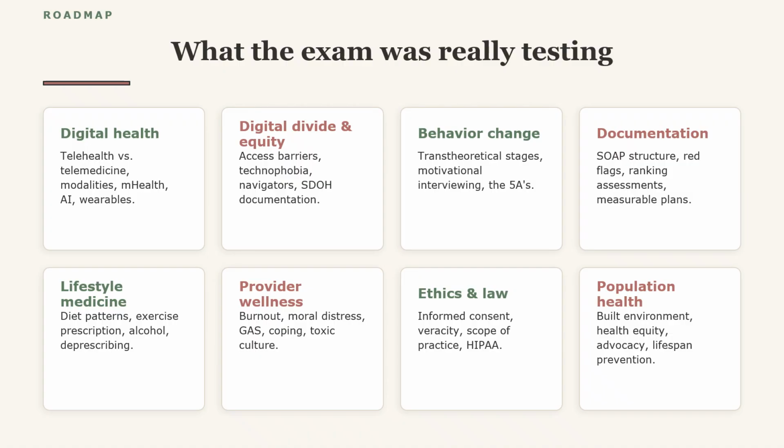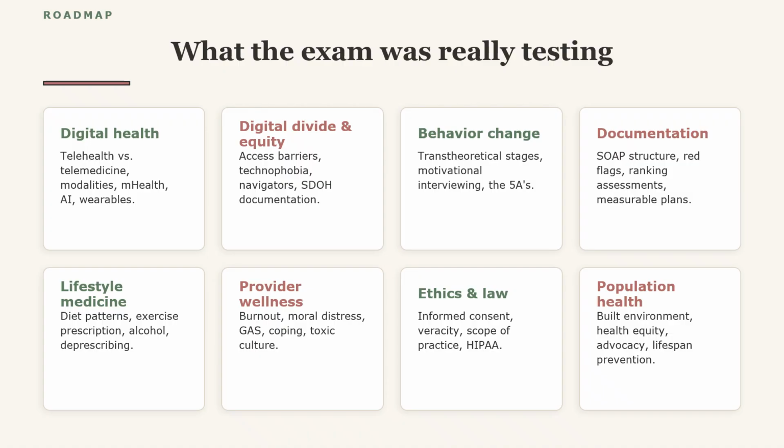All right, so if you look at this slide here, it's a map of the exam's underlying blueprint. It refers to 8 domains, and all 87 items on this exam are related to these 8 domains. They're weighted unevenly. Digital health, equity and behavior change, together are roughly about half of the questions.